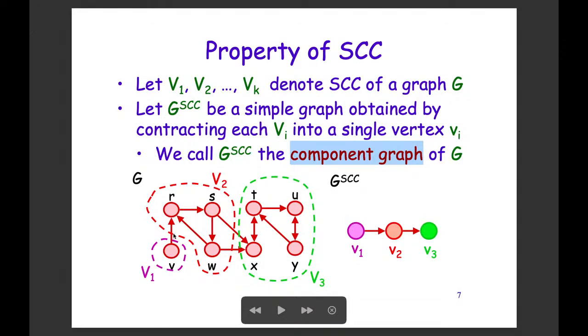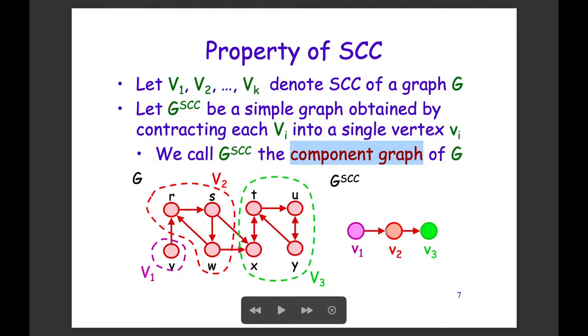And then the edges are still there. There is an edge from purple to red. There are two edges from red to green, but we can simply represent it as a single edge from red to green. Using two edges is also okay. But in any case, we can always make the graph simple by removing all the self loops. You don't see any self loop actually.